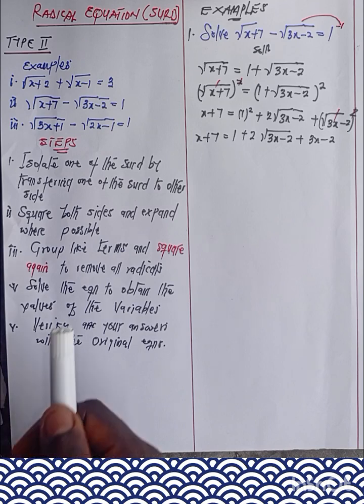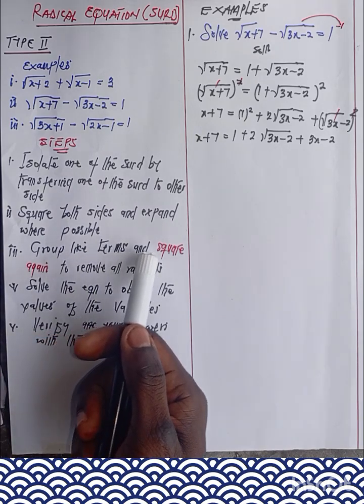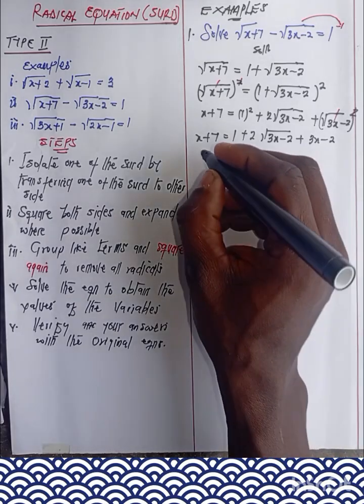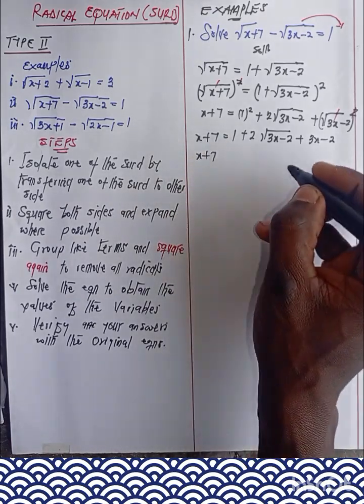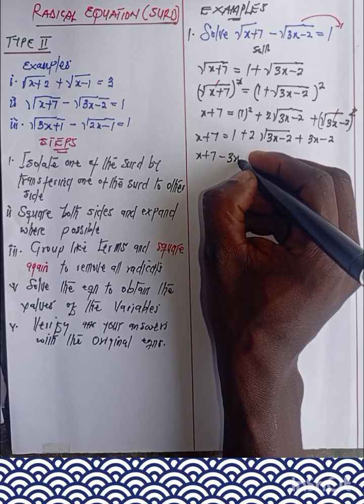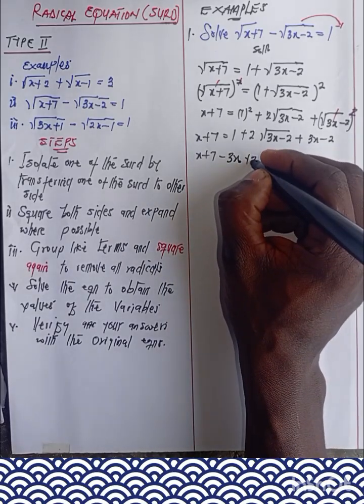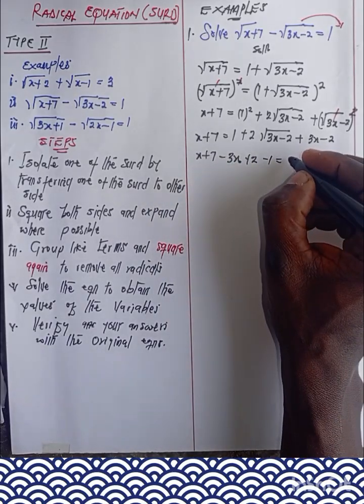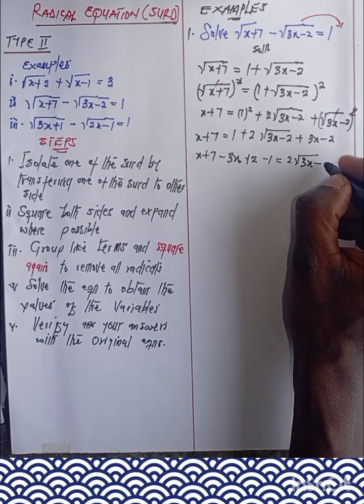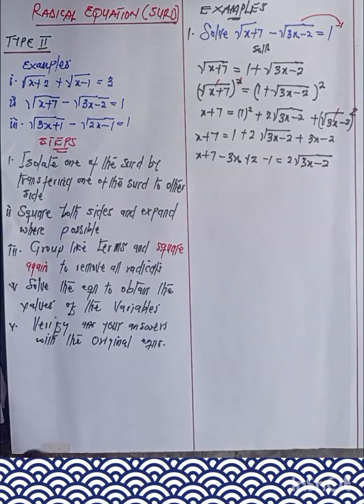The third step says group like terms and then square again to remove all radicals. So let's group like terms. So we are having minus 3x plus 2 minus 1 is equal to 2 root of 3x minus 2.